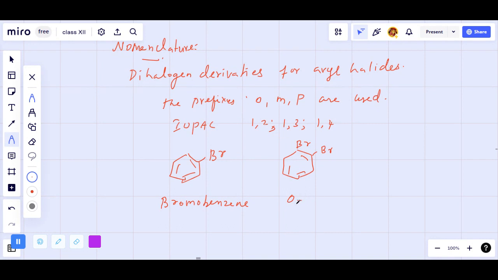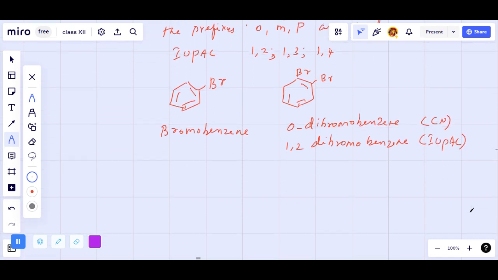So this is ortho-dibromobenzene, which is the common name. The IUPAC name is 1,2-dibromobenzene.